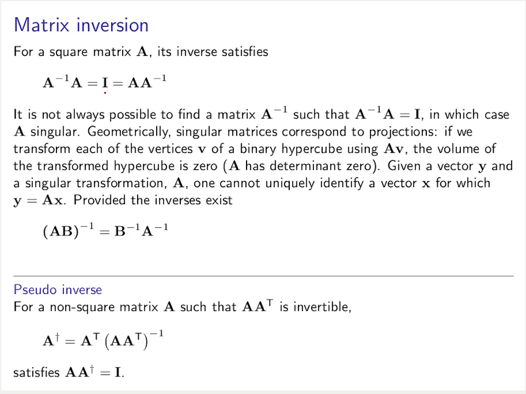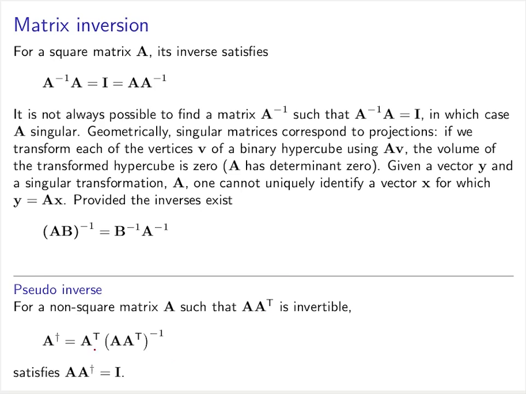In case the inverses exist for A and B, the matrix A times B has a nice inverse, which is B inverse times A inverse. This looks rather similar to the rule of the transpose. For a non-square matrix, we can have a pseudo-inverse that's defined if A times A transpose is invertible.